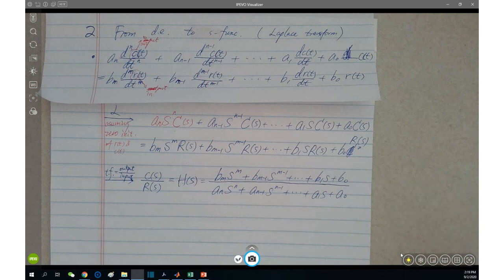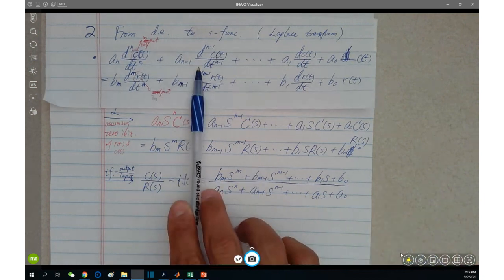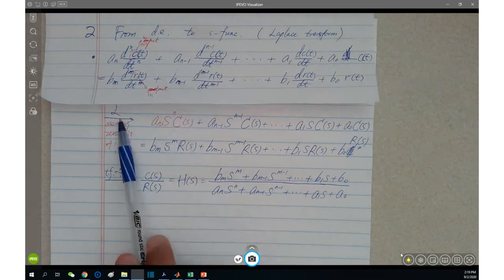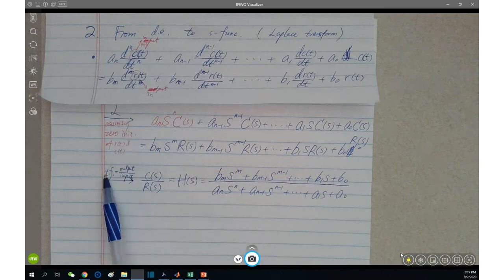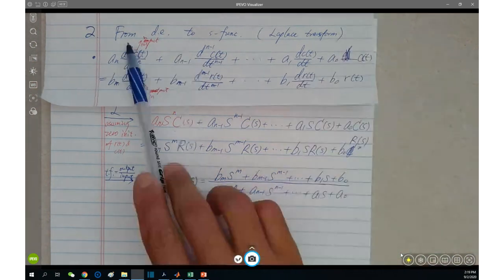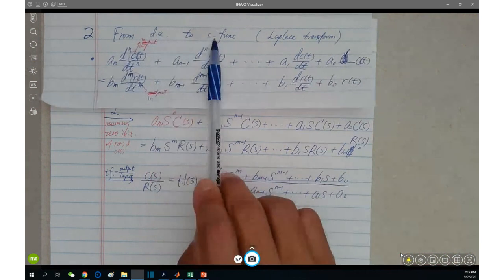So this is how we begin with a given differential equation, go through the Laplace transform, and then organize into a transfer function format. Remember, this is just the one way, from differential equation to the transfer function.